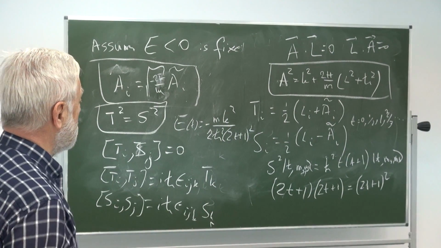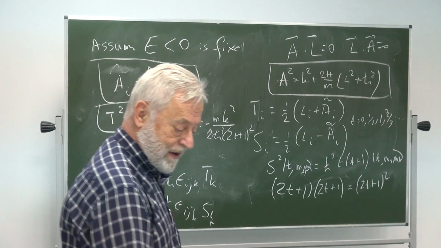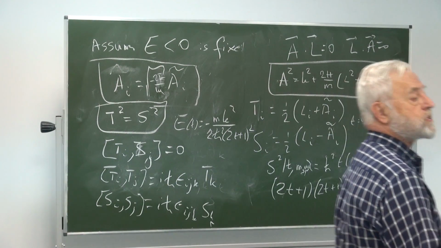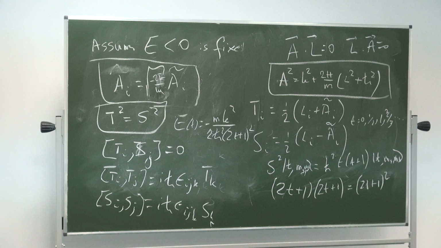So what I'm saying is that without ever invoking any differential equation, one can find the eigenvalues of the hydrogen type Hamiltonian, negative energy states. It's restricted to the negative energy states. Plus we can find the degeneracy.